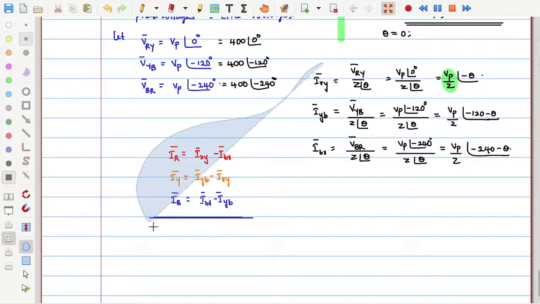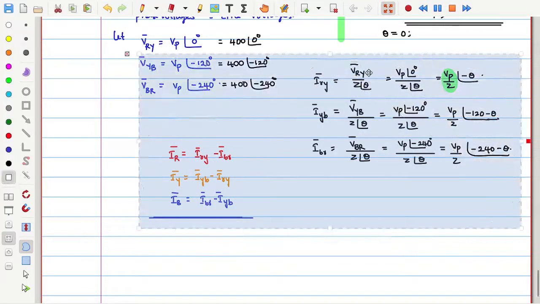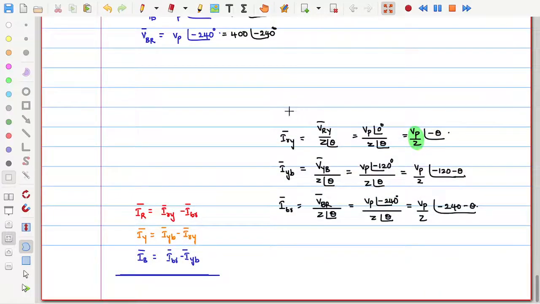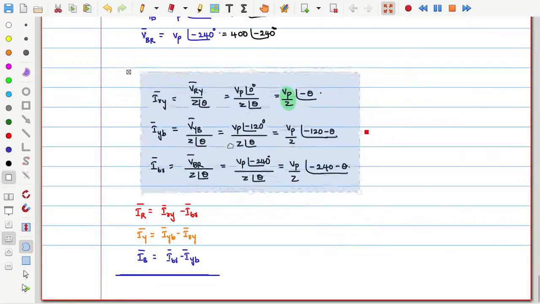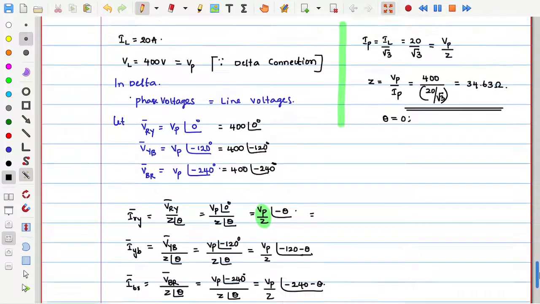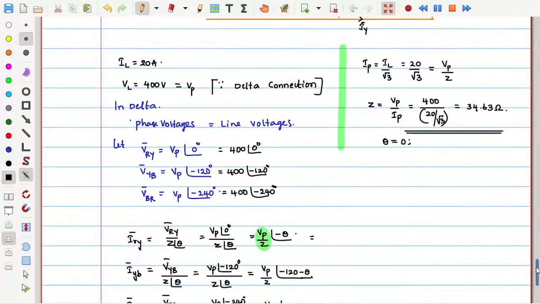Let me create some more space here to substitute all these values. And now let us substitute all these values. Just similar kind of derivation. Just initially it looked a little difficult, but as you proceed you will get it in a simple way. The phase current is how much? 20 by root 3. So phase current is equal to 20 by root 3, I got 11.55 amperes.